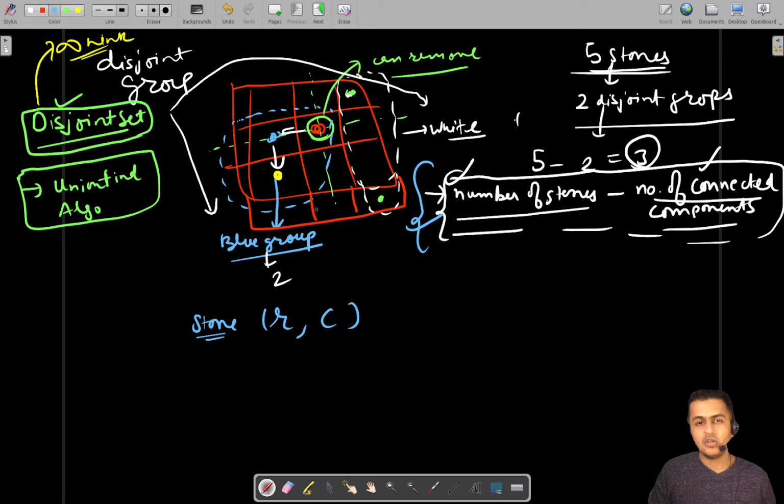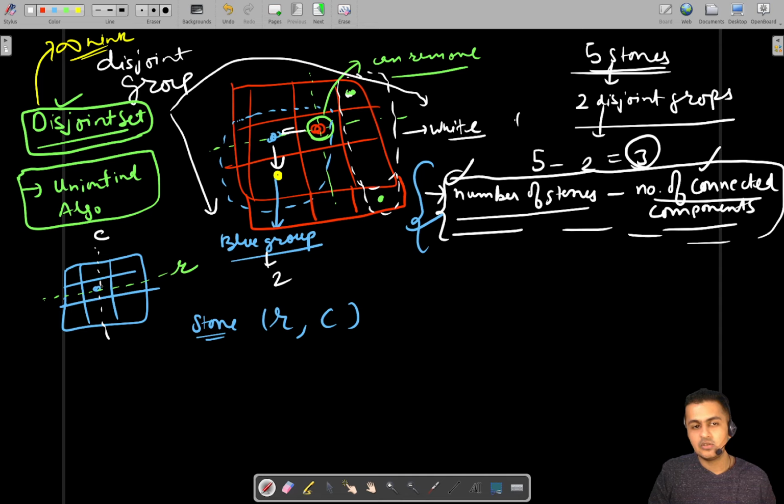If this stone is present here, this one is the row of this stone, and this one is the column. So you can see that a stone is just like a connecting point which brings together its row and column.